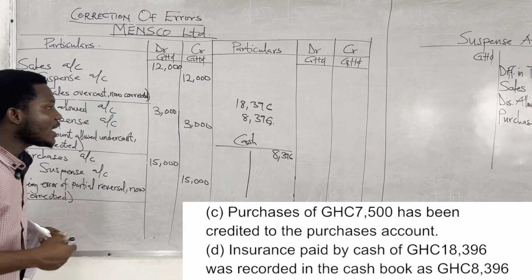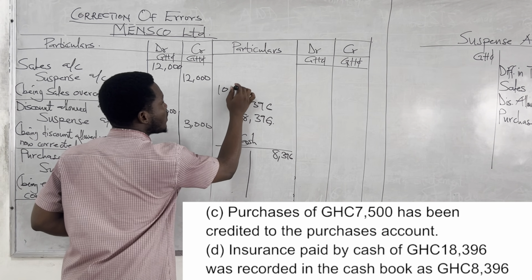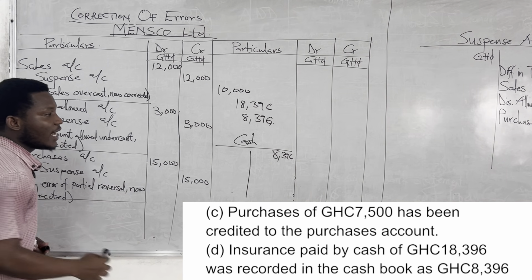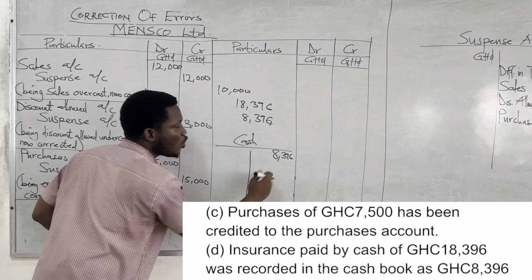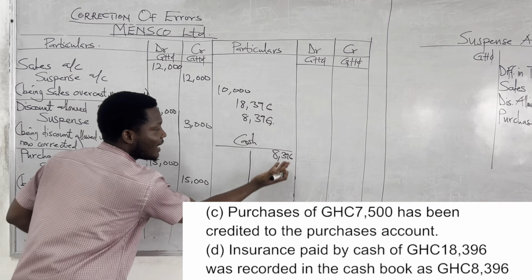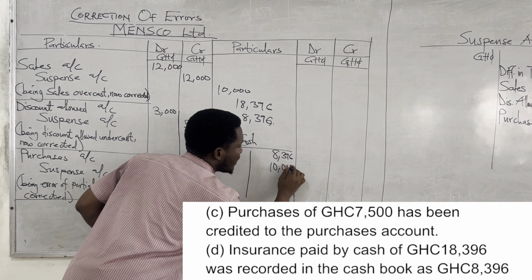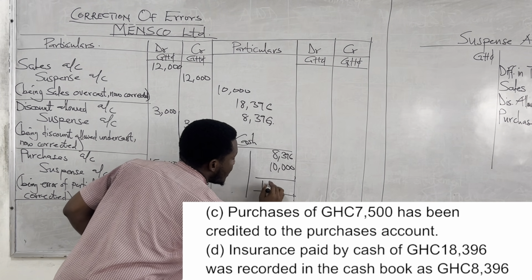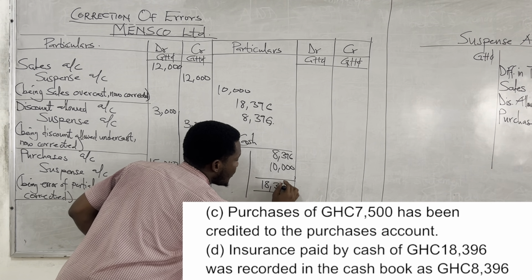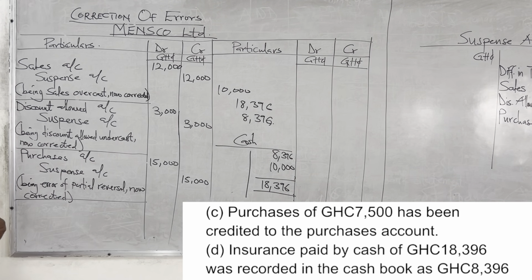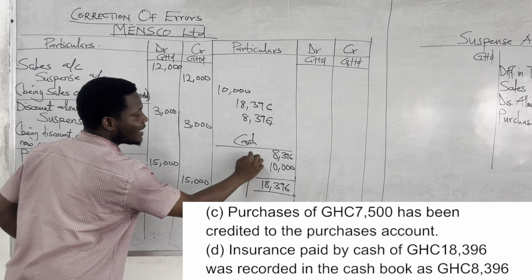Then the difference that you get, the 10,000, you add it to it because you are paying. We just undercasted the figure, so we just have to add it back. So you add the 10,000 back, and at the end you get 18,396.